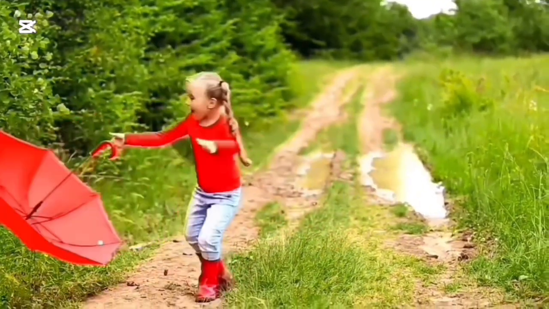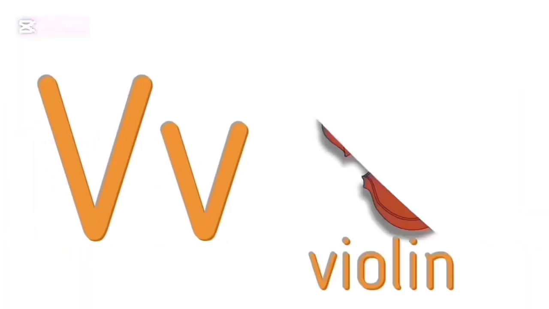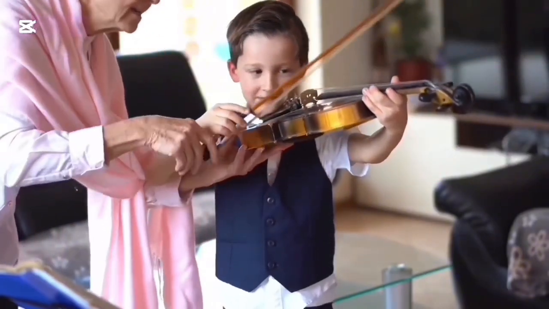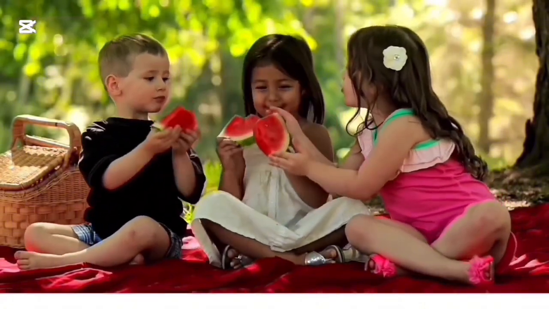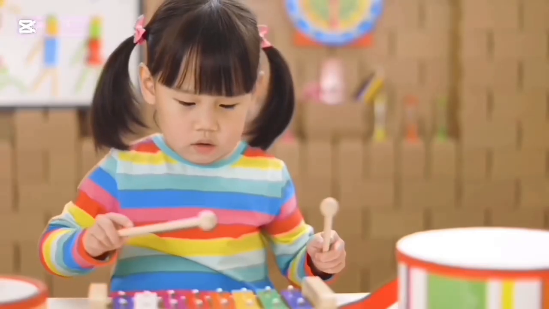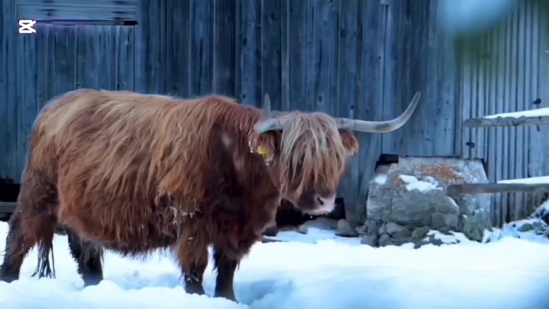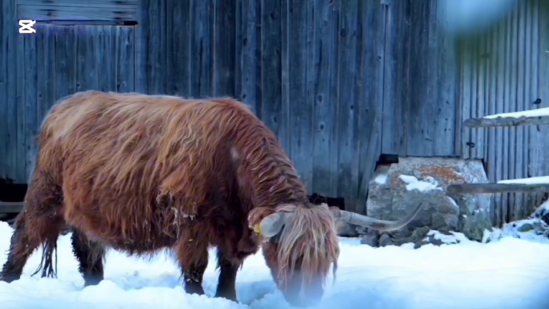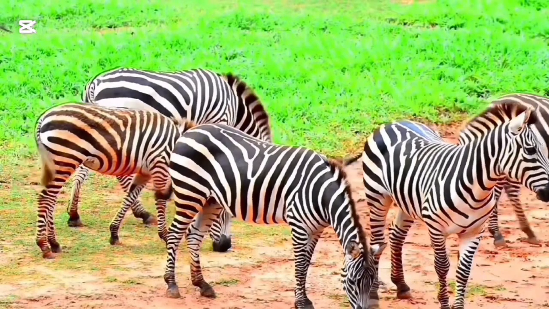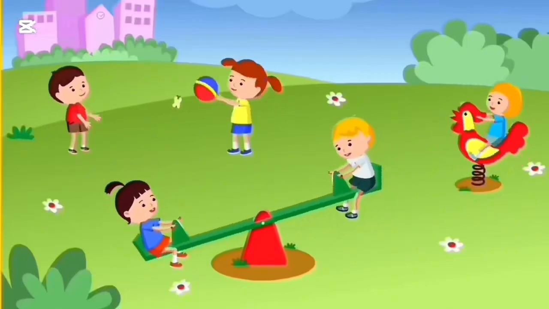U for umbrella, umbrella. V for violin, violin. W for watermelon, watermelon. X for xylophone, xylophone. Y for yak, yak. Z for zebra, zebra. Bye bye.